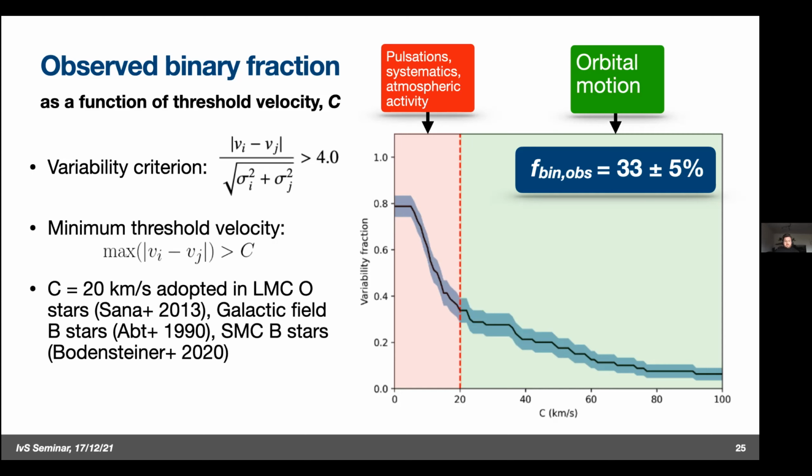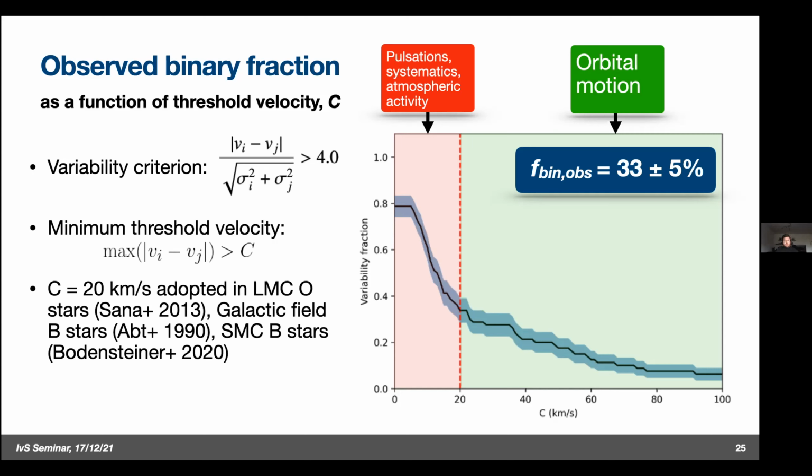We adopt the same variability criterion from earlier, and we fix a threshold RV amplitude of 20 kilometers per second for detecting binary systems. This adoption of the threshold is fairly arbitrary. You can see it does separate into two populations in this graph, but it is arbitrary, and this is taken into account in the bias correction.